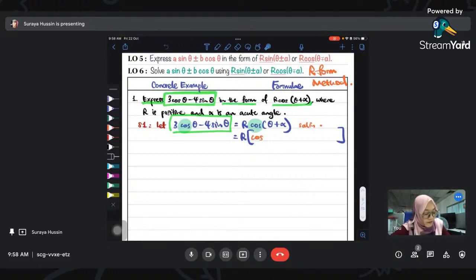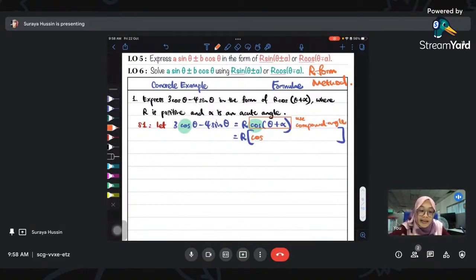So in the form of R form bermaksud just write it down, just follow it: R cos(theta plus alpha), you salin sahaja, and then this part here is where you will use compound angle formula.